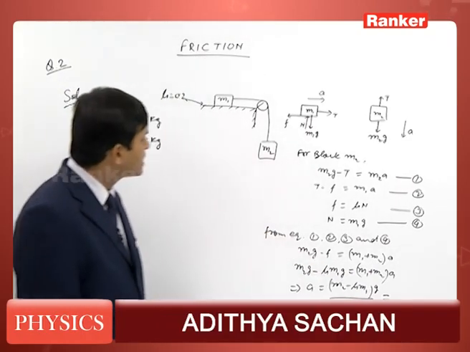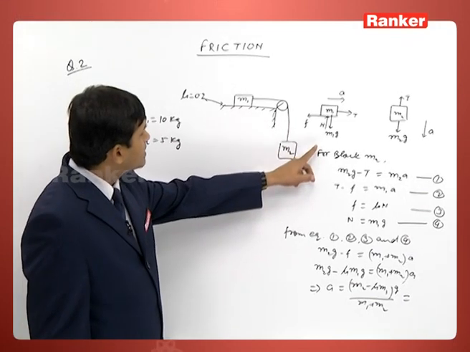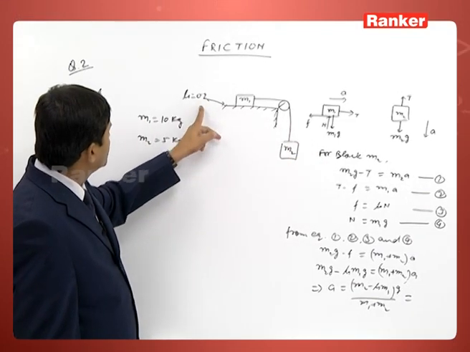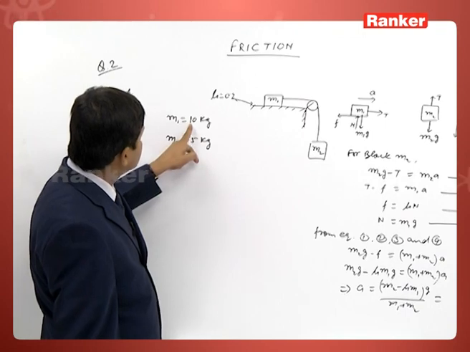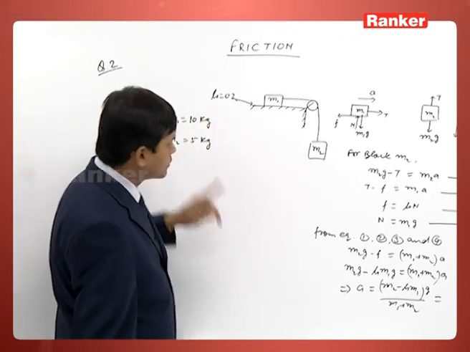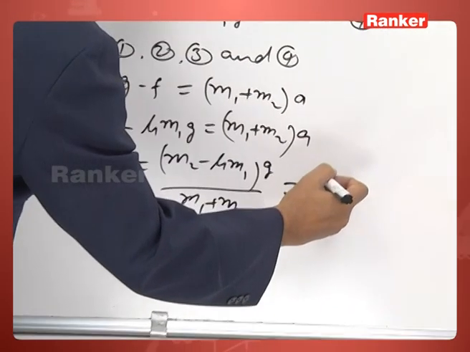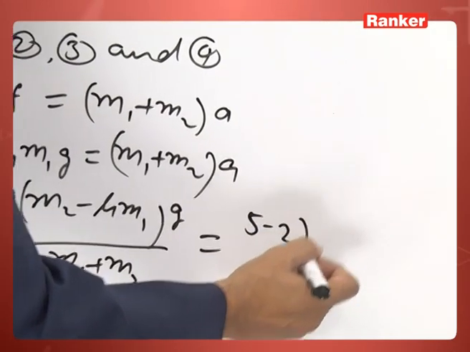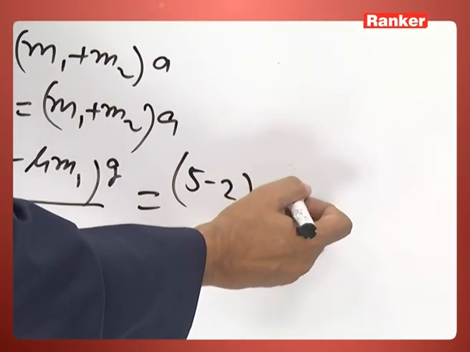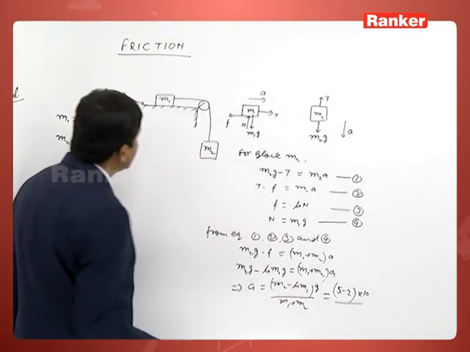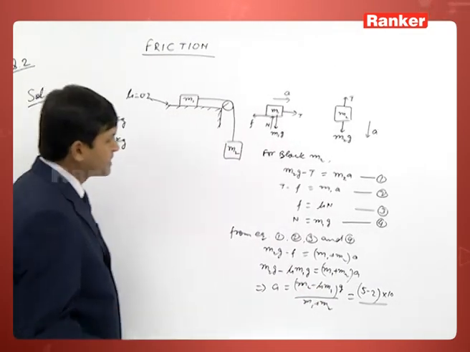mu into m1: mu value is given 0.2, m1 is 10, so mu into m1 will be 2. So, 5 minus 2, g is 10, divided by m1 plus m2, which is 15.